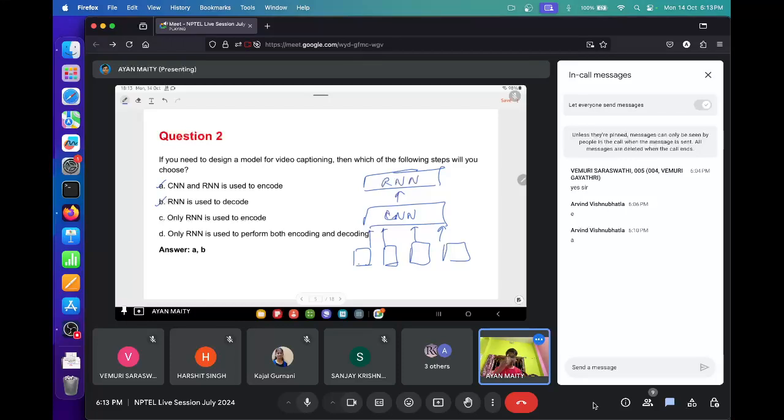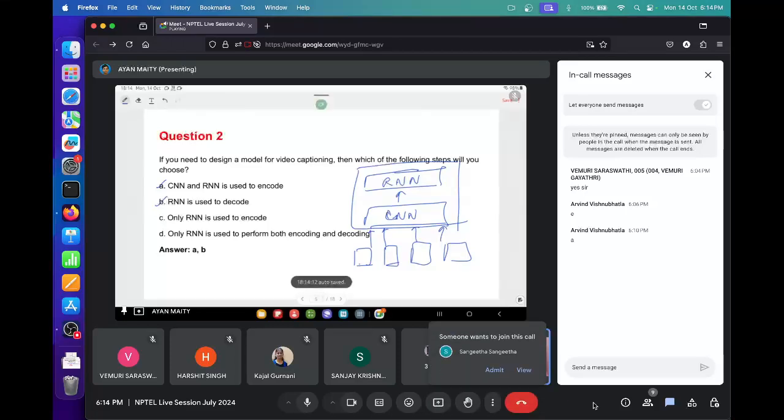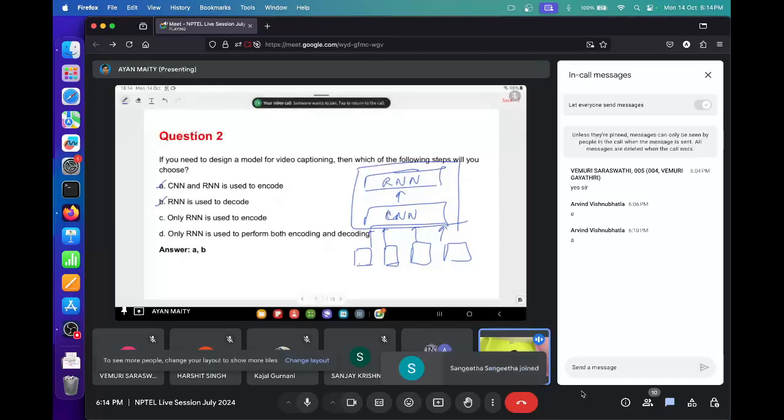Then the processed frames from the CNN go as input to the RNN for the final encoding. So the encoder contains both the RNN and CNN. First the CNN processes those individual image frames, and then RNN finally processes the sequence of frames to produce the final encoding vector.